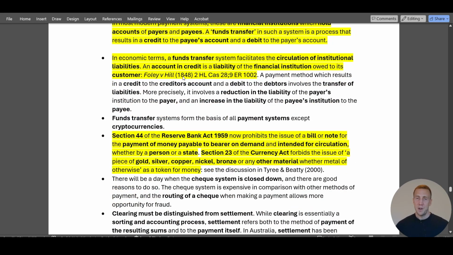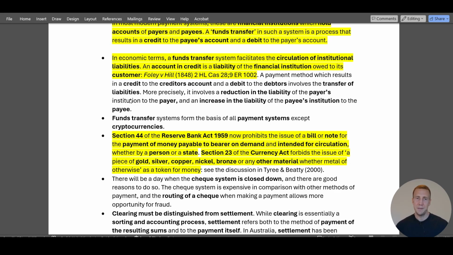In economic terms, a fund transfer system facilitates the circulation of institutional liabilities. An account in credit is a liability of the financial institution owed to its customer. Again, that famous case, Foley versus Hill. A payment method which results in a credit to the creditor's account and a debit to the debtor's involves the transfer of liabilities. More precisely, it involves a reduction in the liability of the payer's institution to the payer and an increase in the liability of the payee's institution to the payee.